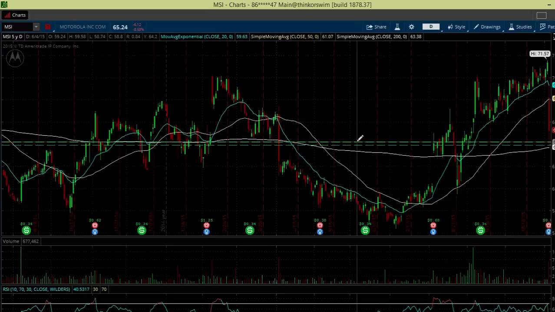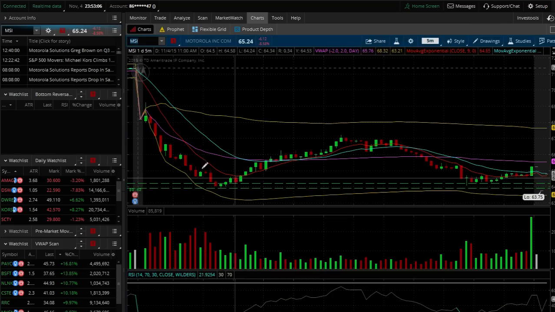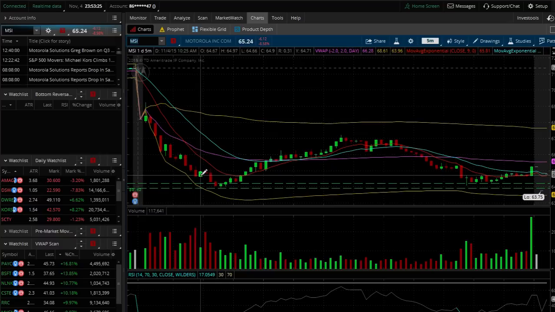But I just want to find areas of support on the daily, because I'm not going to take a reversal trade unless it's bouncing off support. If it's not bouncing off support, you're not going to get a sustained move. I mean, yeah, you might, but odds are you're not going to get a sustained move. So I'll wait, and you'll see as it's coming down, it'll try to fool you.